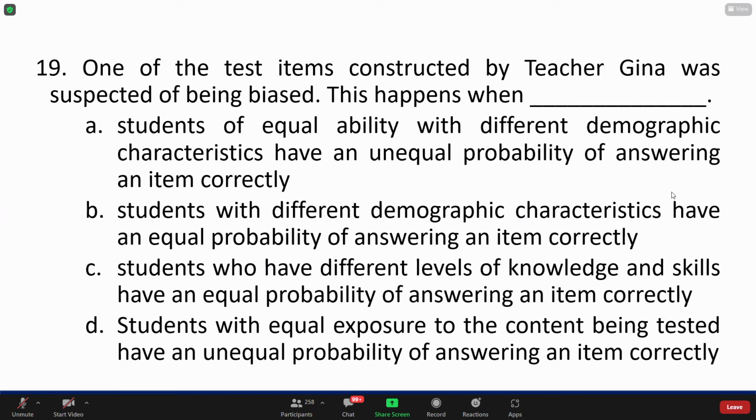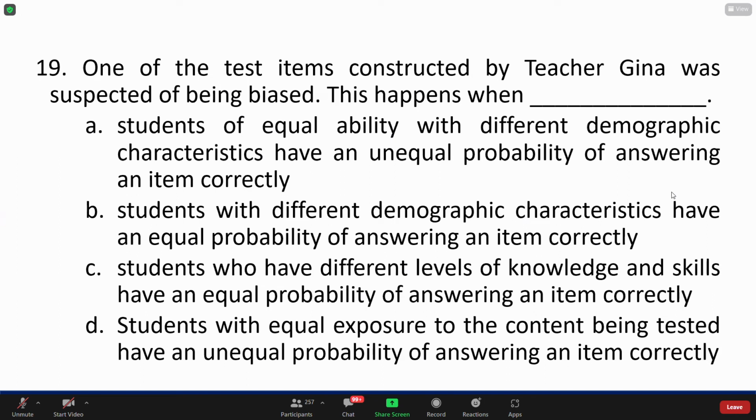Actually, for the correct answer, use process of elimination. Obviously B and C are removed, because they say equal probability of answering an item correctly, and we are looking for biased. So our choices are A and D. But in terms of content, it is the students' responsibility to be exposed to the teaching, so that's not teacher's bias.